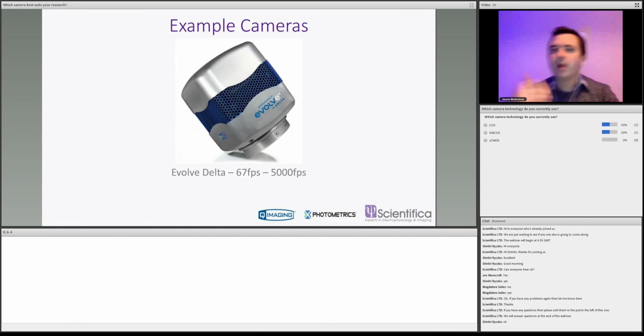Do you have enough light coming from your sample that in 1/5,000th of a second, you get enough light into your camera to be able to see something? Again, when we get to high frame rates, this becomes important to balance. Do you have enough light to capture in that small amount of time to get the high frame rates?